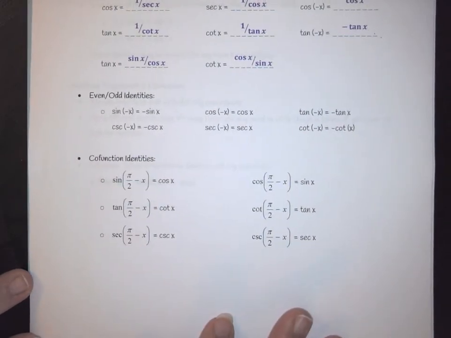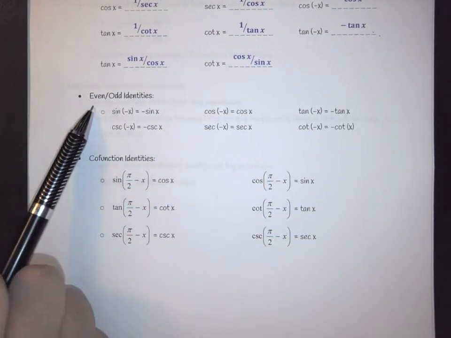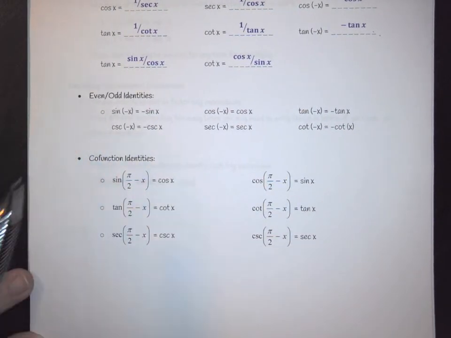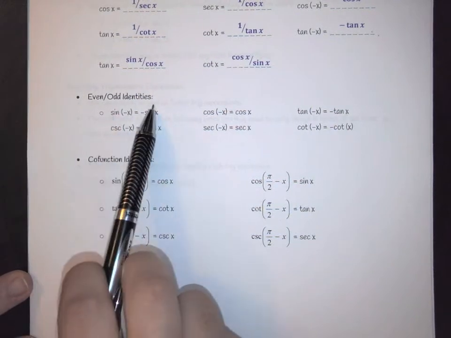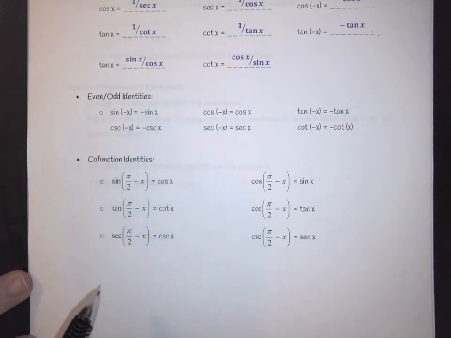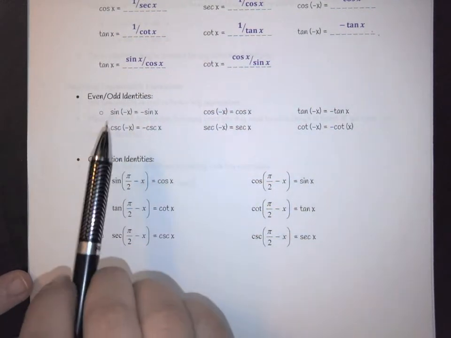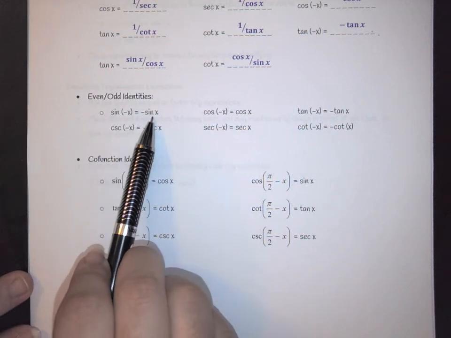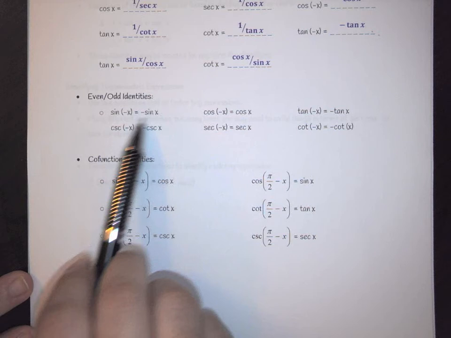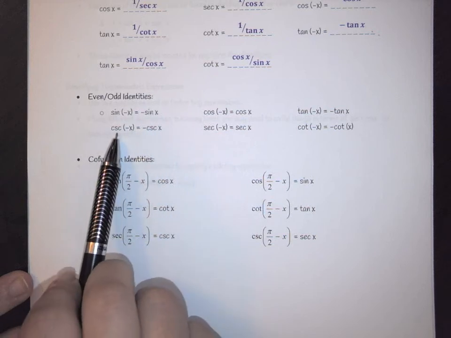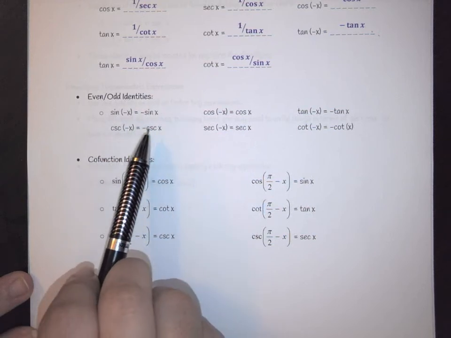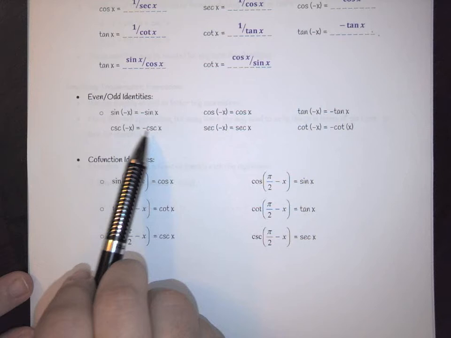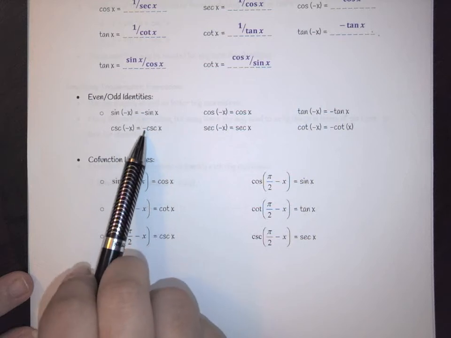We also have to look at identities through the idea of even and odd. So again, the rule of even or odd says that you plug in a negative and you look at what comes out. Here, the sine of negative x comes out as a negative sine of x, which is the opposite. That also means that your cosecant should come out as the negative cosecant because it is the opposite of your sine.